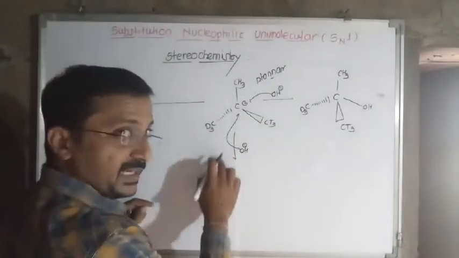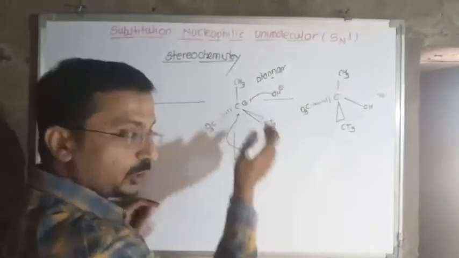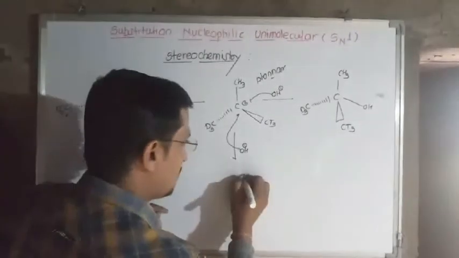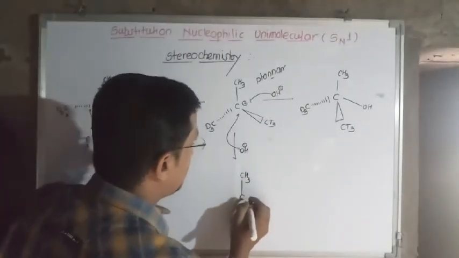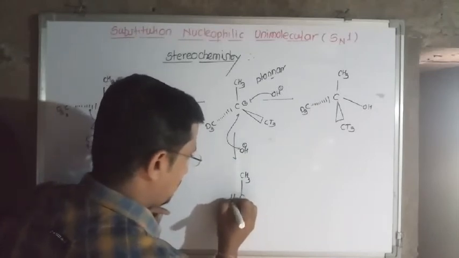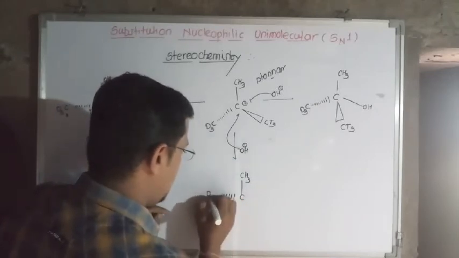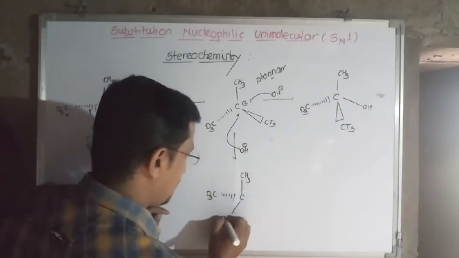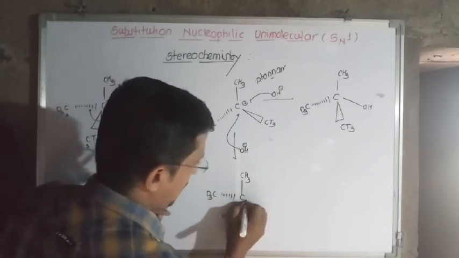That is the first step. In the second step, if it attacks from the other side, below the plane, the structure formed is like this: methyl, carbon, D3C, HO, and CT3.